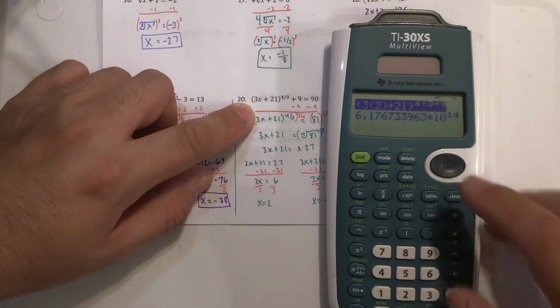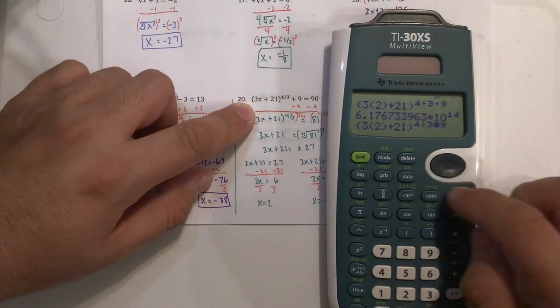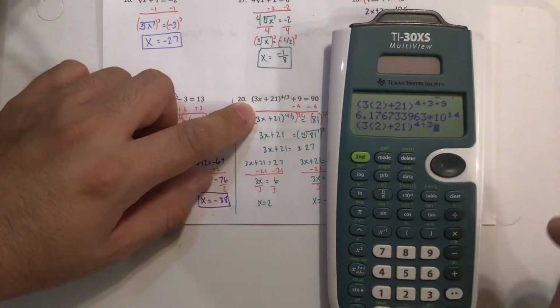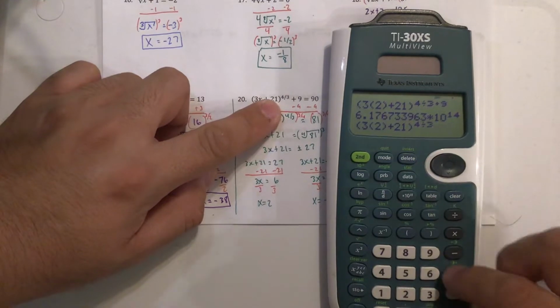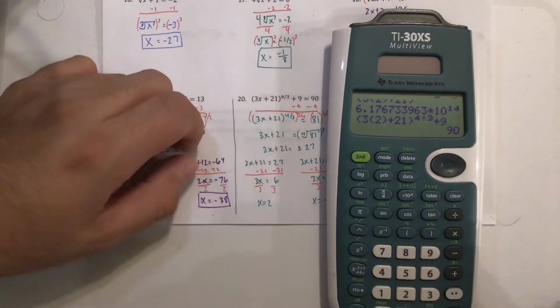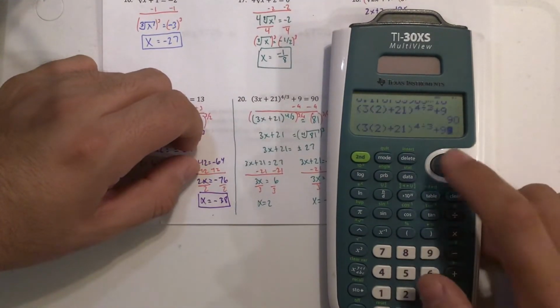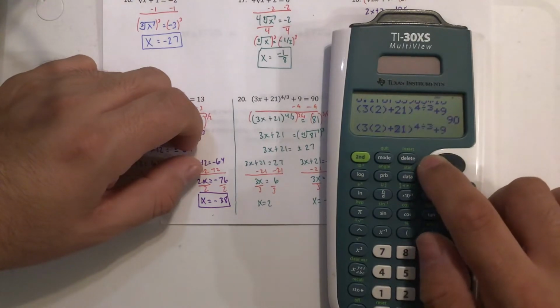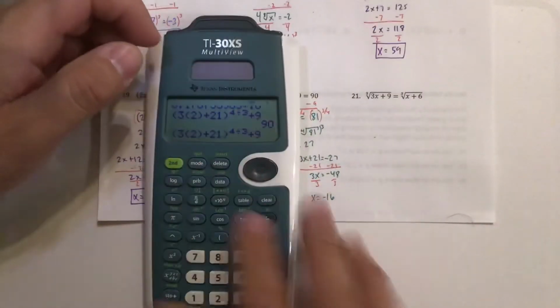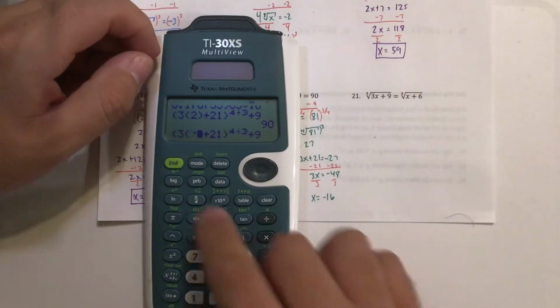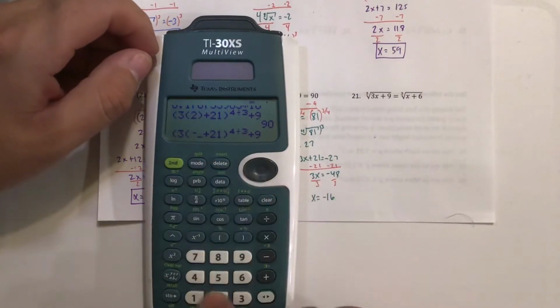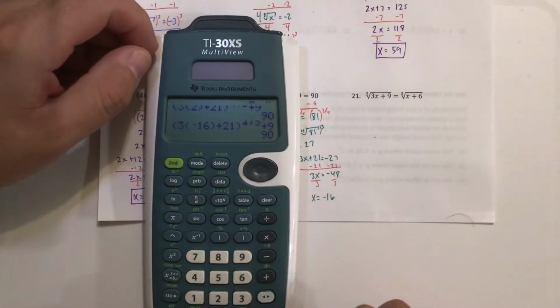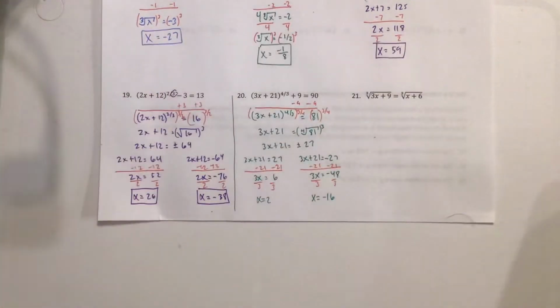Oops, I see where my mistake is. That should not be a 9 right there, so we have to arrow out, and that should be plus 9. There we go. First answer is 90. Go back up here. We're going to arrow down to that 2, and we're going to change that 2 to a negative 16, so negative, then second insert, 16. And again, we get 90, so both answers do check out.